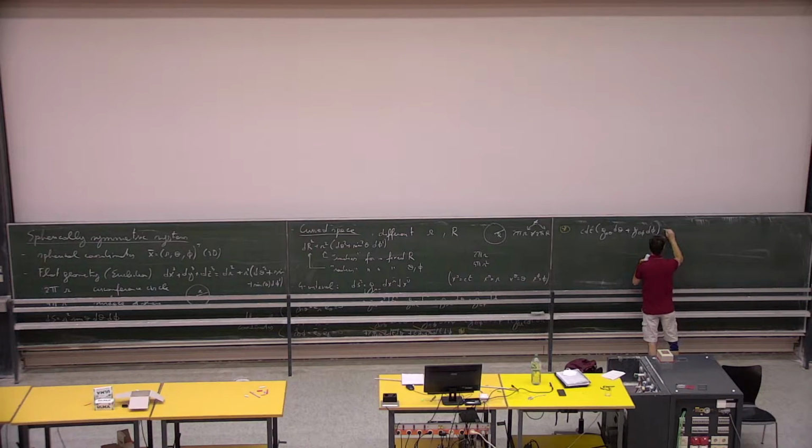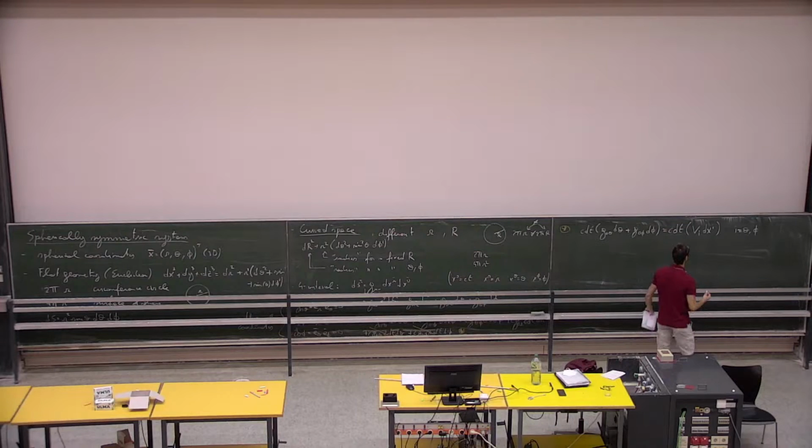It means that I can define a vector, so c dt remains there, which I can call V_i times dx^i, where i now is going to be only theta and phi. I can write it in this way.